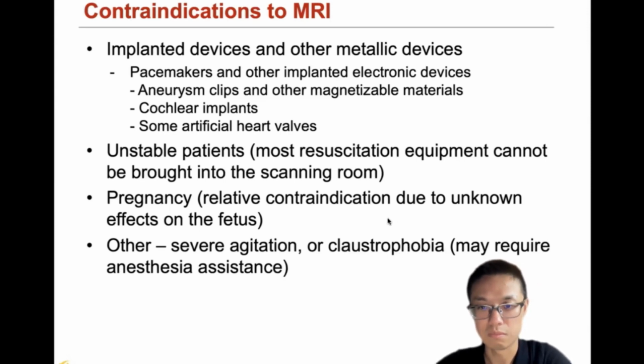For some of the MRI machines, this is a closed machine, very narrow, and for some patients with claustrophobia, they don't feel very comfortable. So you may need some assistance, maybe an anesthesia assistant, to help them go through this MRI examination process.